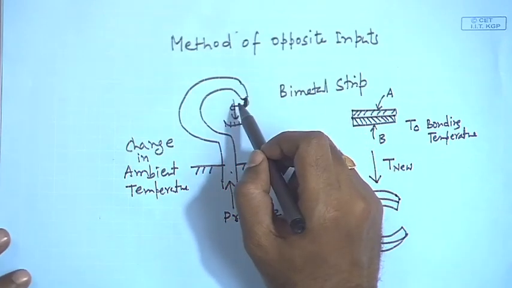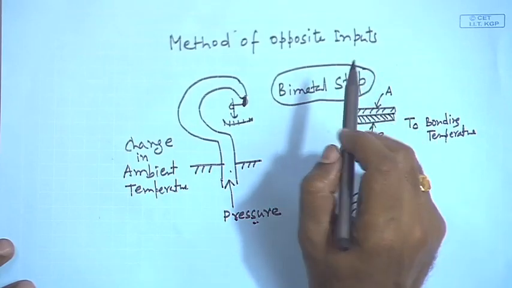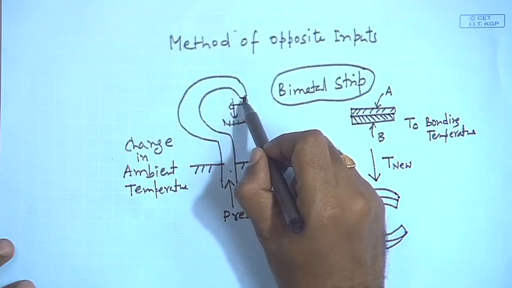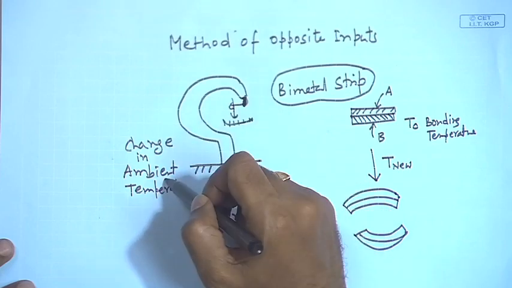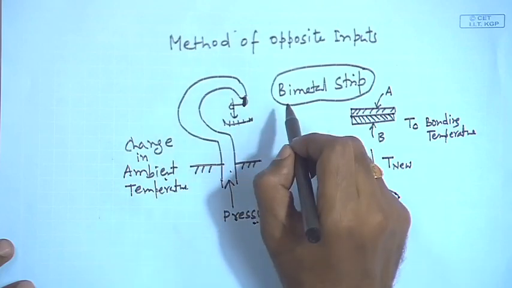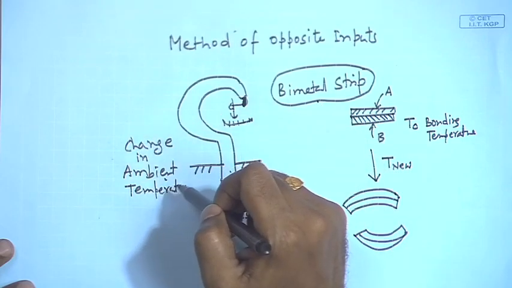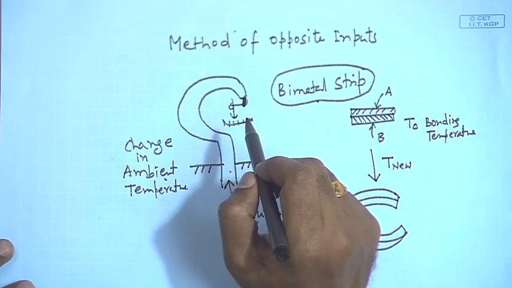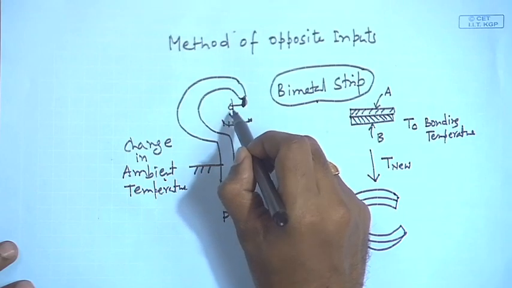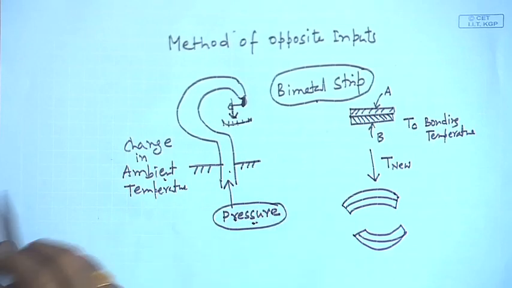So, now come back to the Bourdon tube example. If I can suitably design a bimetal strip such that the extra deflection that is caused in the Bourdon tube by the change in ambient temperature and the deflection of the bimetal strip due to change in ambient temperature is same in magnitude, but opposite in direction, then this deflection of the pointer against this scale will be solely a function of this pressure.